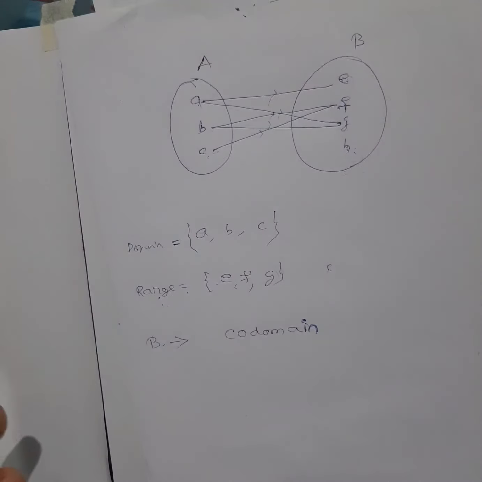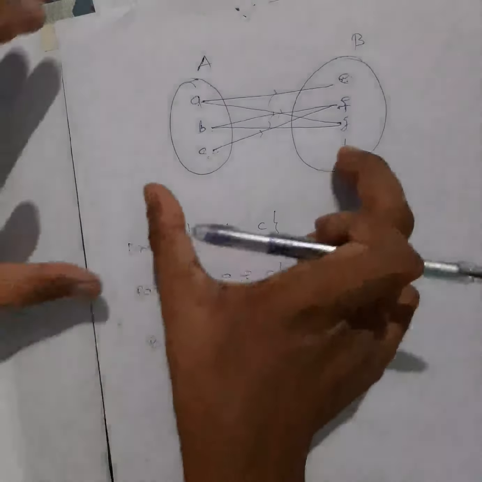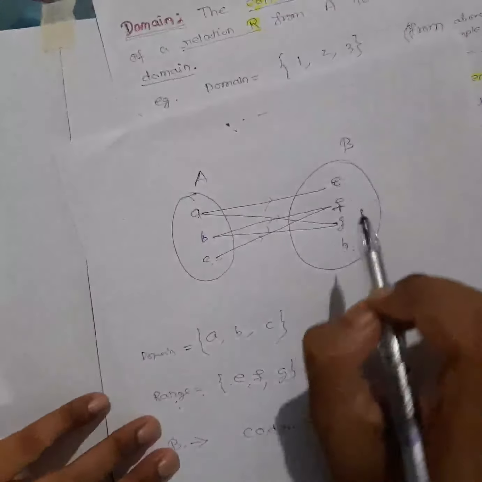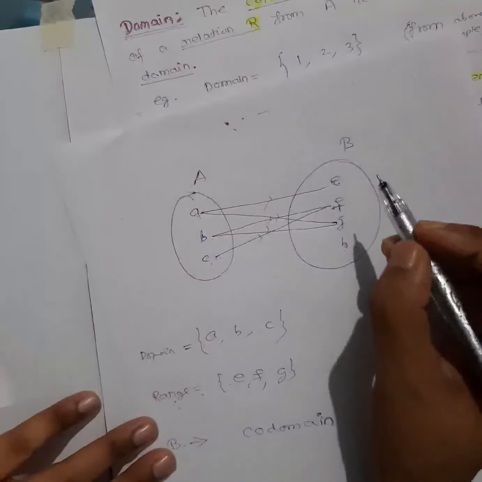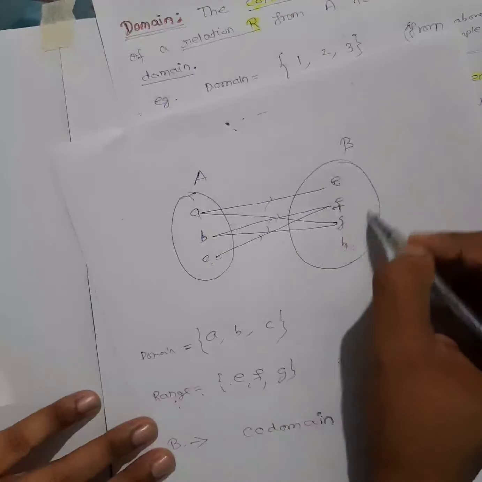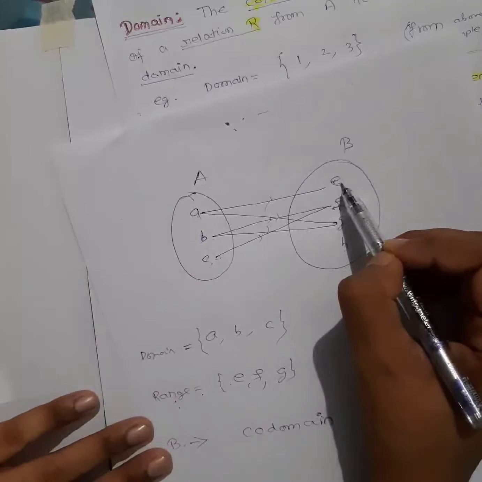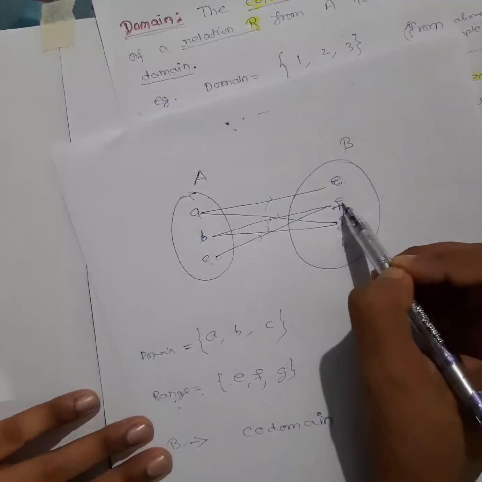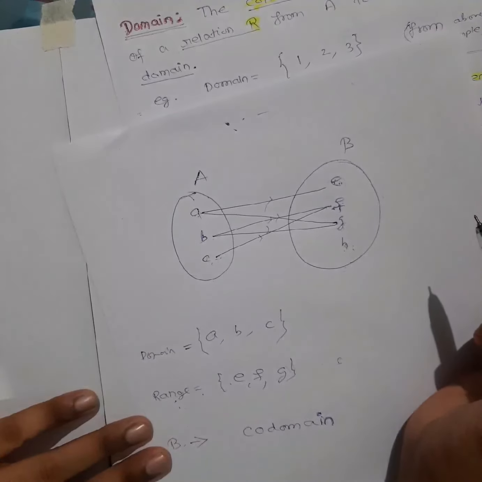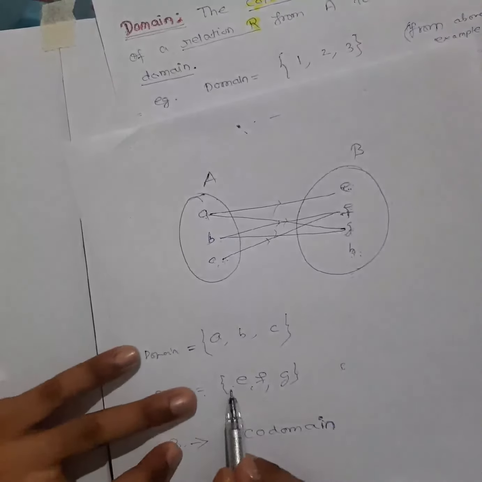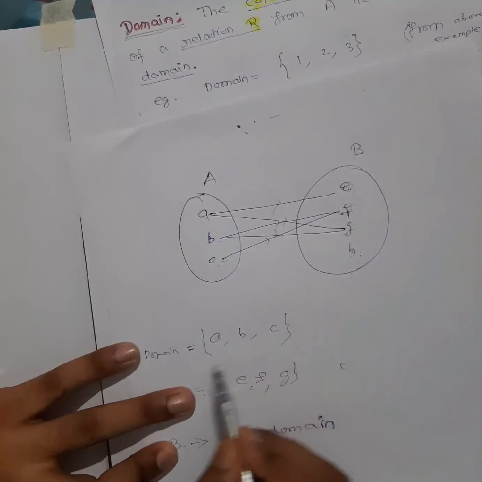Right now, what you have to be careful with is image. Most students think image is a set, but image is not a set, image is just an element. This is called image, this is called image. This is not your image. Don't consider this set as image.